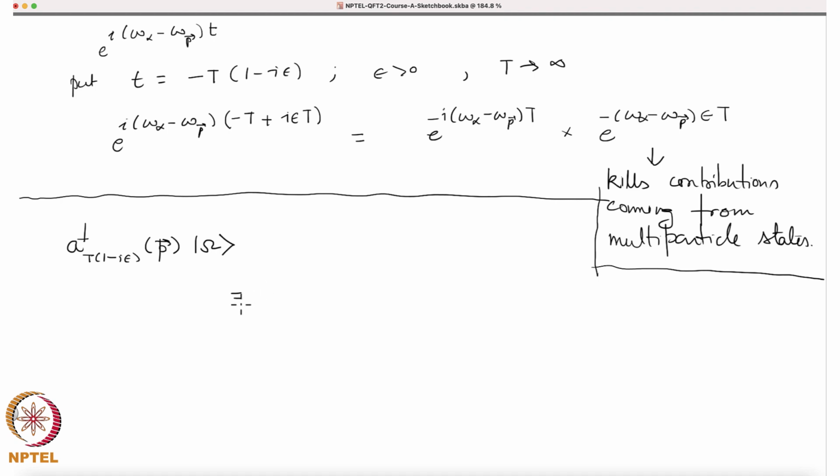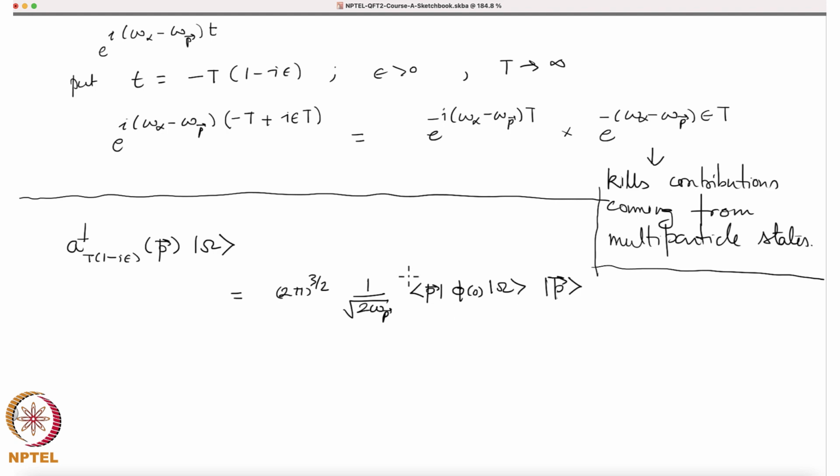I'm going to cancel out a few factors of omega p that you can also verify. I'm not going to do the algebra. It's trivial. So you should get this, times 1 over 2 omega p in the square roots, and then you have p phi 0 omega times this single particle state.